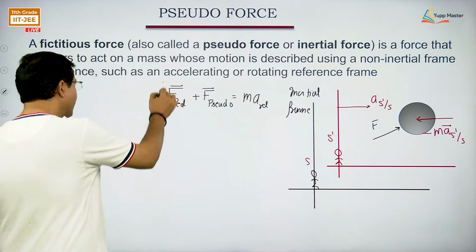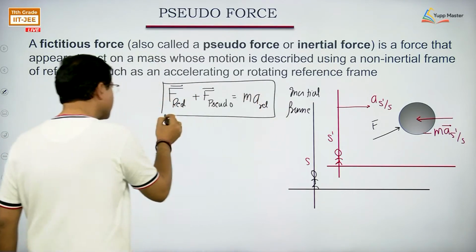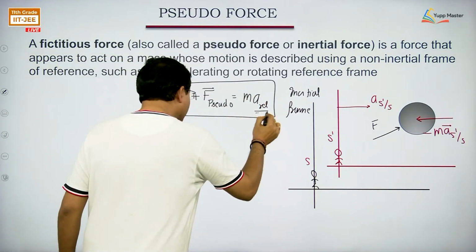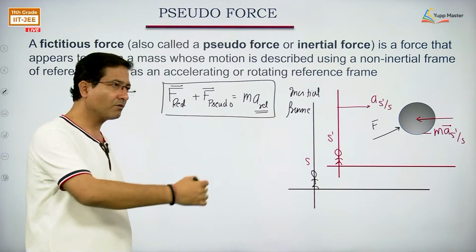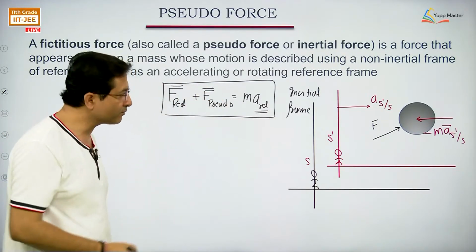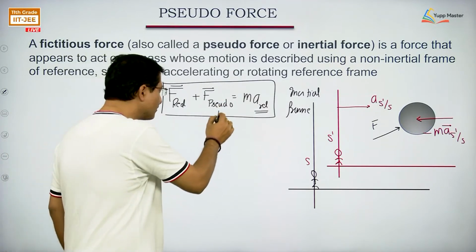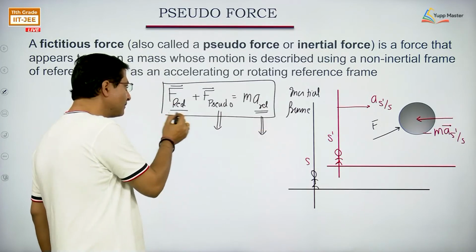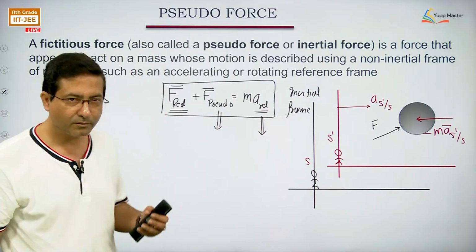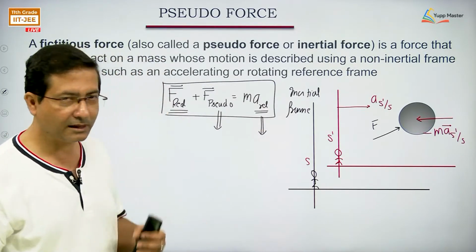So if you add real force with pseudo force, then you are going to get acceleration with respect to the non-inertial frame. So this is a relative acceleration. When you go from one non-inertial frame to another non-inertial frame, the value of this term will be different. Accordingly, the value of this term will be different, but this quantity will remain the same from all frames, whether they are inertial or non-inertial.